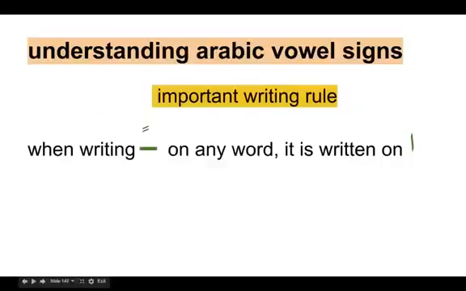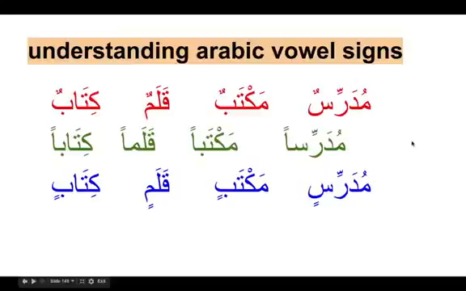Another important writing rule which we have to learn from this lesson is that when you write double fatha, a sign of indefinite, on any word, it is not written normally upon the letter, it is written on an alif. For double dhamma, we write mudarrisun on top of the letter, maktabun on top of the letter. For double kasra, mudarrisin, below the letter, maktabin, below the letter.